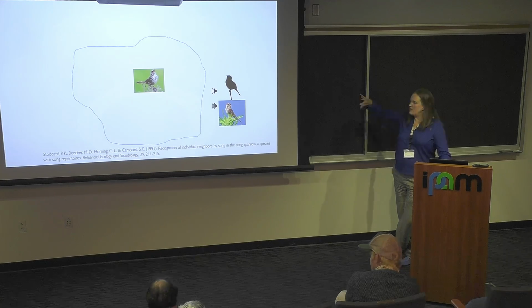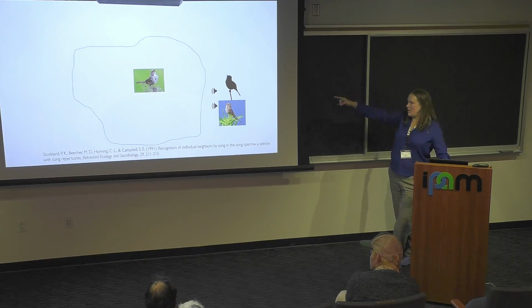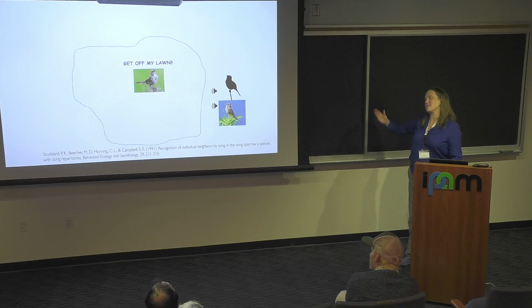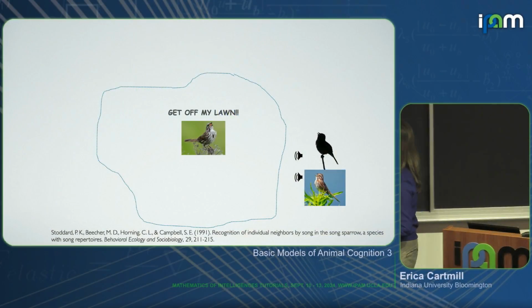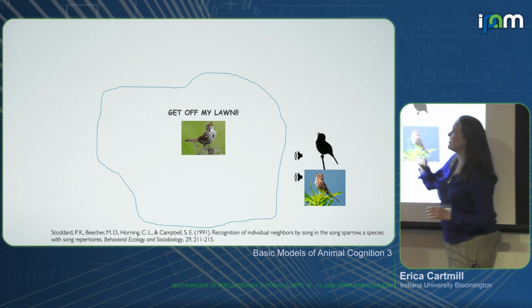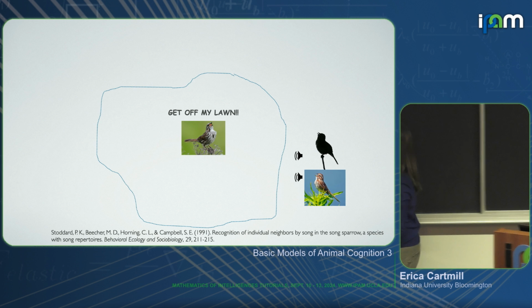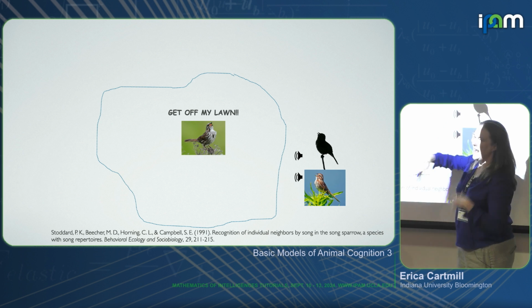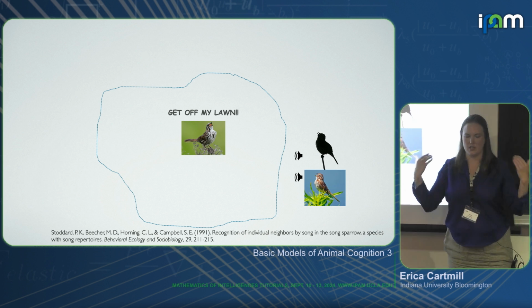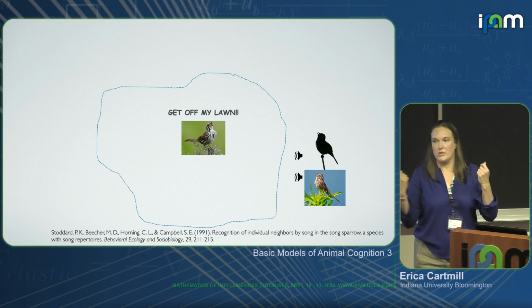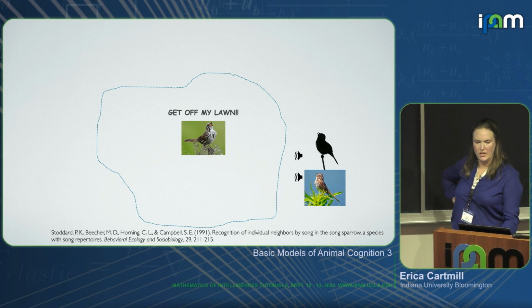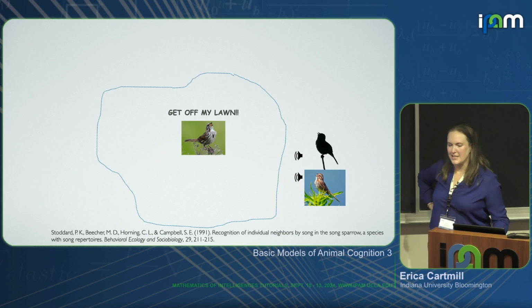And then they kept that same comparison, but played them back from 2 different locations. Oh yeah, sorry. The outcome variable they're looking at is the calling rate. So you hear the song and you're interested in how much the bird responds with their own territorial song. You can gloss it as a get off my lawn.